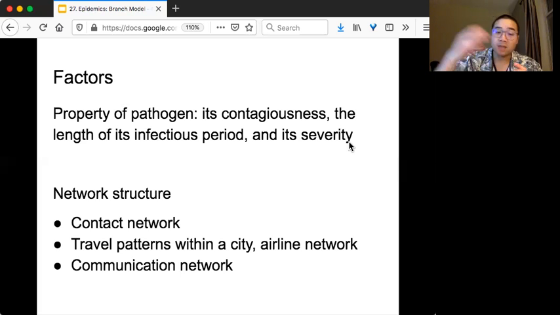At a city scale, there's also travel, work, airlines, and of course the communication network, which also plays a factor in epidemics, because how efficiently you can communicate with each other is also a factor.